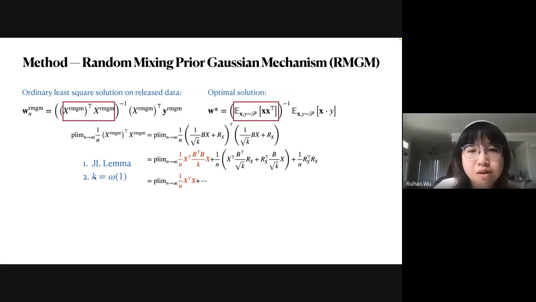Omega 1 here means that K is a function of n, and K will go to infinity when n goes to infinity.